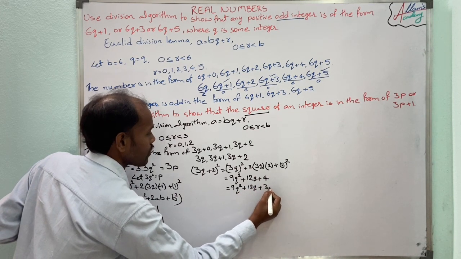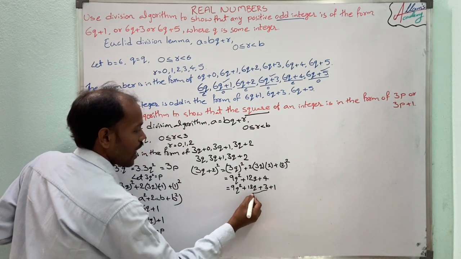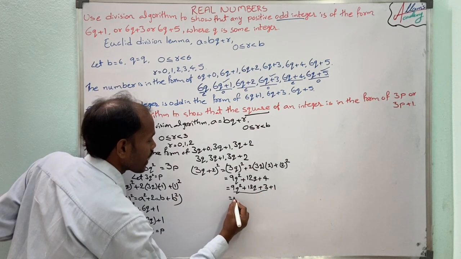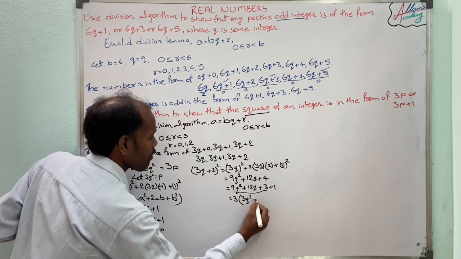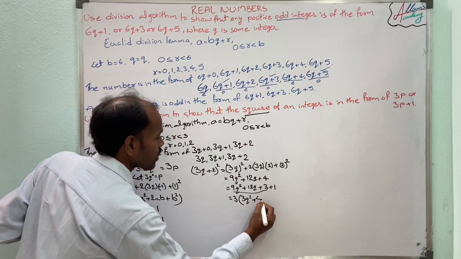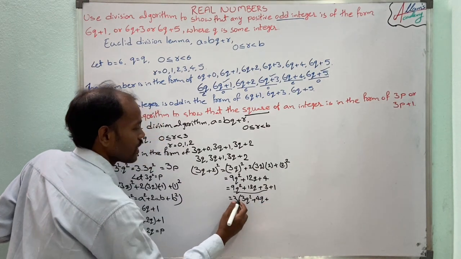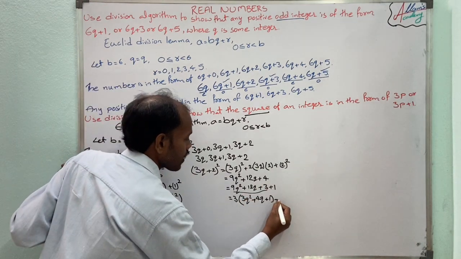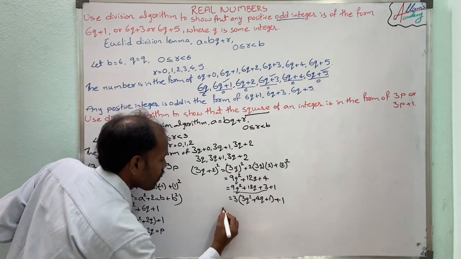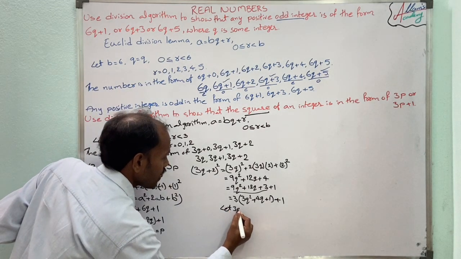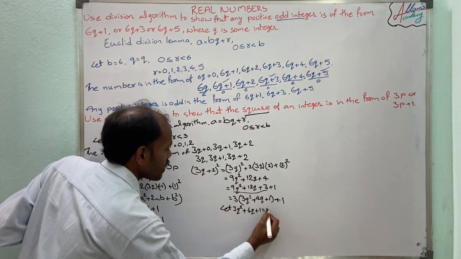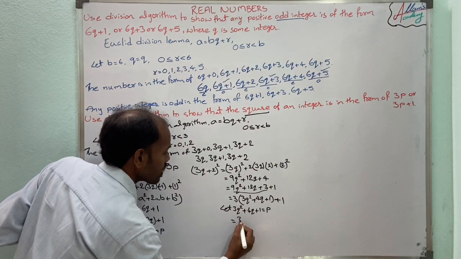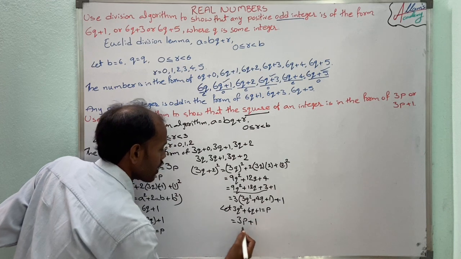3 plus 1. Now in all these numbers we will take 3 as common. 3 into (3q square plus 4q plus 1). Now we fill 3q square plus 4q plus 1 is equal to p. Now it is 3p plus 1.